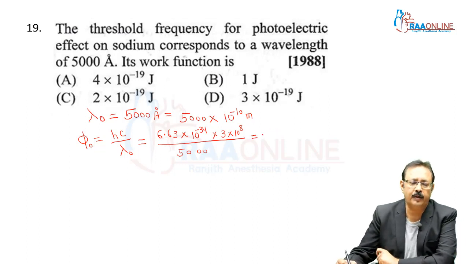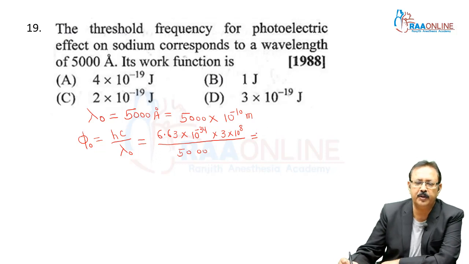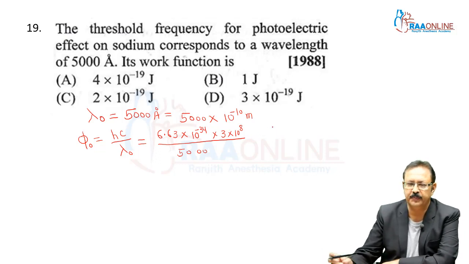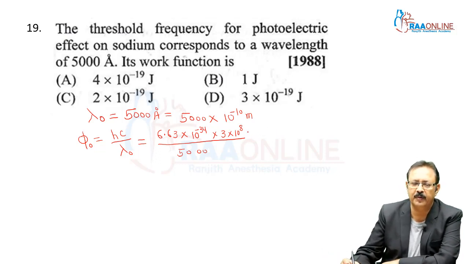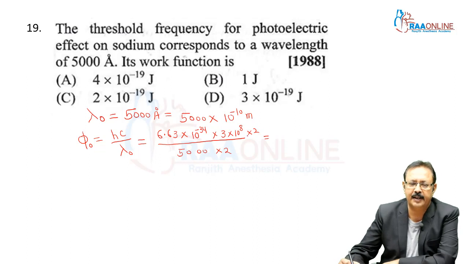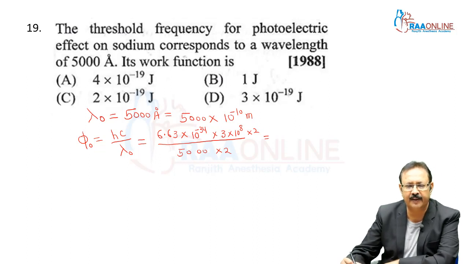One easy calculation we can do, multiply numerator and denominator by 2. Now no need for division. You will get only zeros in denominator. 6 table is not a tough table for you. 6 3s are 18. 6 6s are 36 and 1, 37. 6 6s are 36 and 3, 39.